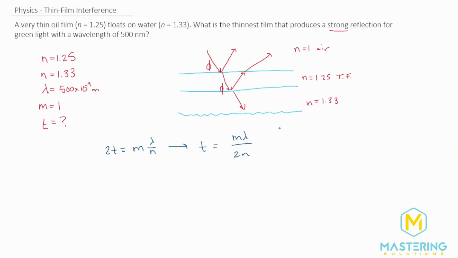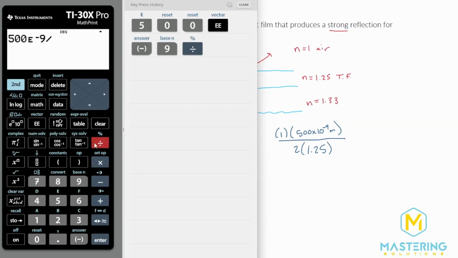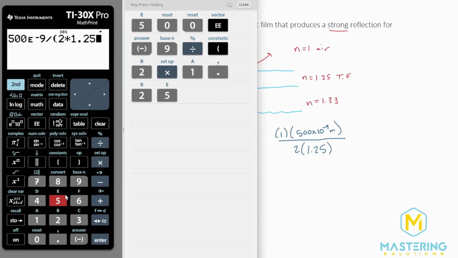So m, as we talked about, is going to be 1 times lambda, in this case, is 500 times 10 to the negative 9 meters. And then all that is divided by 2 times the index of refraction. And in this case, our thin film is 1.25. So now we have 500 times 10 to the negative 9 divided by 2 times 1.25.